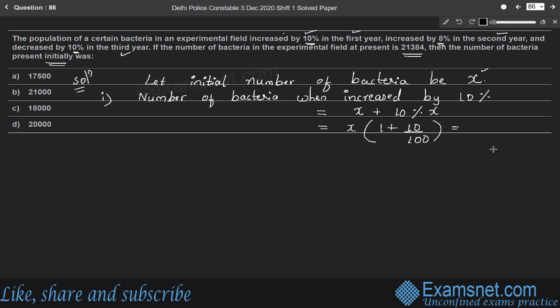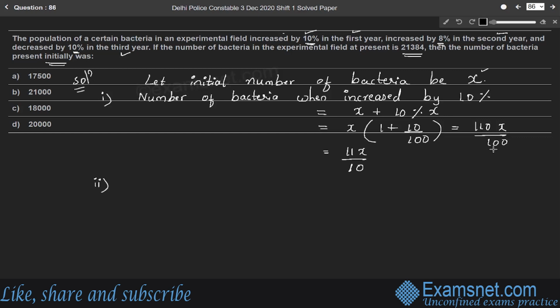So it becomes 110x by 100, or 11x by 10. So number of bacteria in the first year, when increased by 10%, becomes 11x by 10.